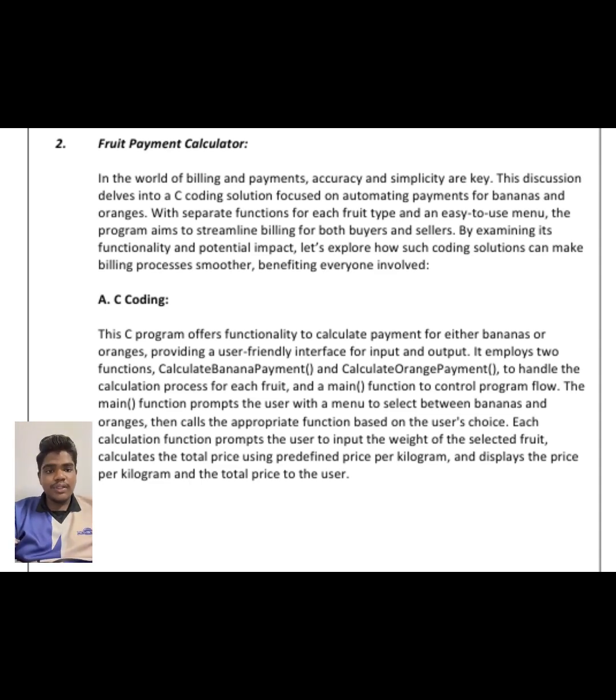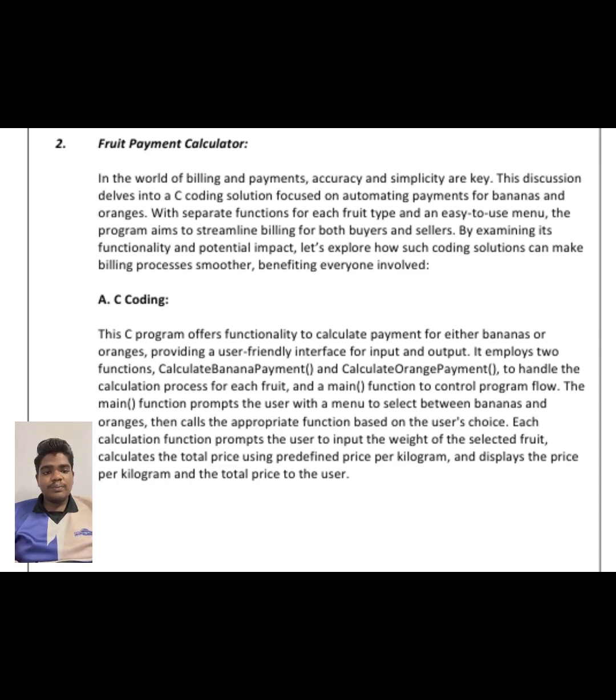First, the C coding. This C program offers functionality to calculate payment for either bananas or oranges, providing a user-friendly interface for input and output. It employs two functions, calculate banana payment and calculate orange payment, to handle the calculation process for each fruit, and a main function to control program flow.